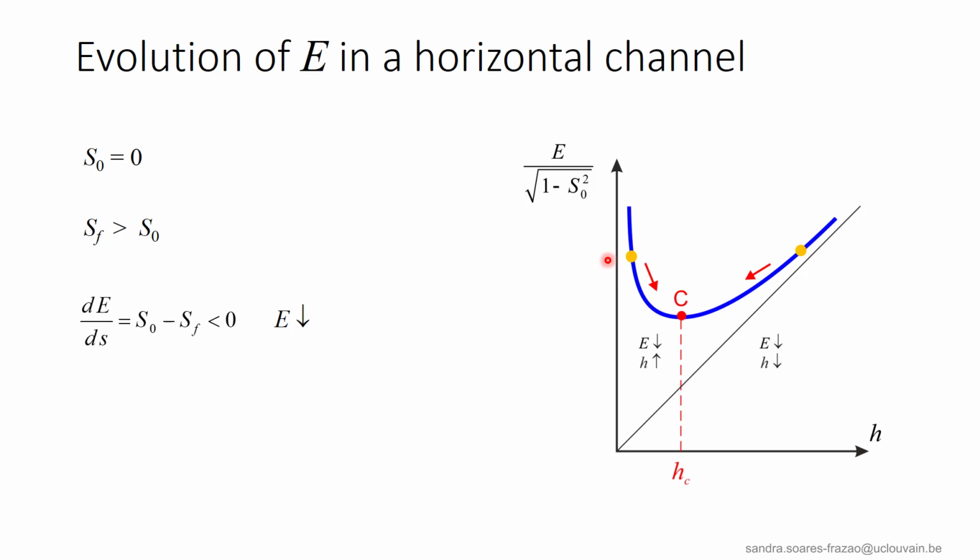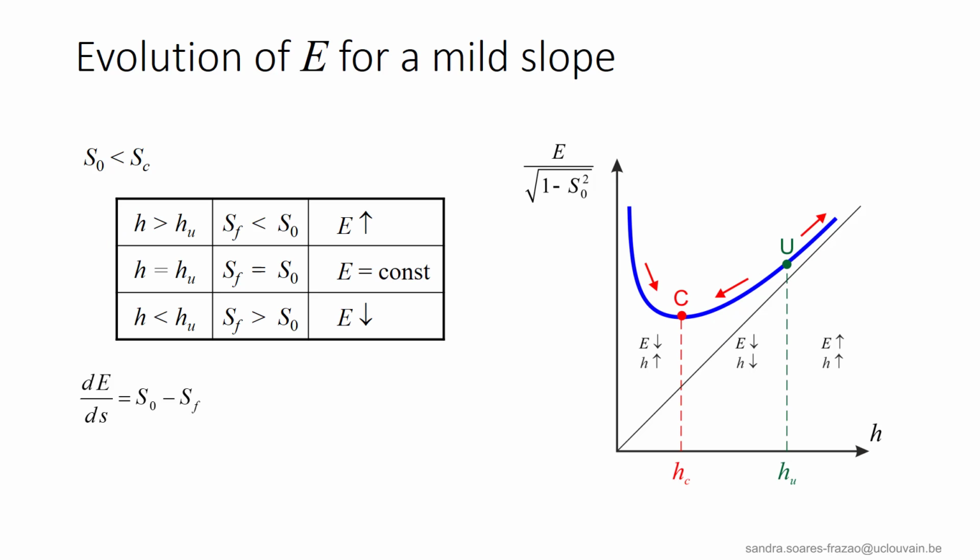A flow below HC will see its depth increase until HC, while a flow above HC will see its depth decrease until HC. In the case of a mild slope, we have more possibilities. Here, the normal depths exist, and we have the uniform flow represented here by u, and we see that HU is larger than HC.